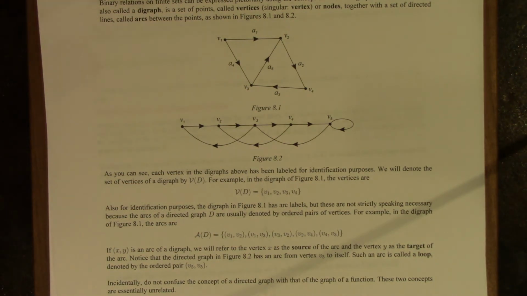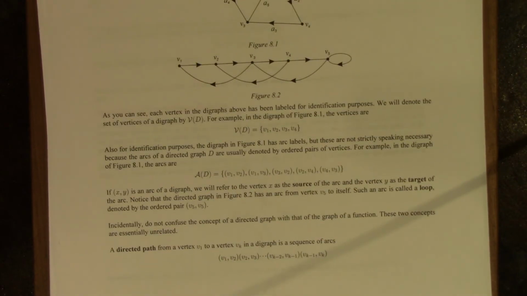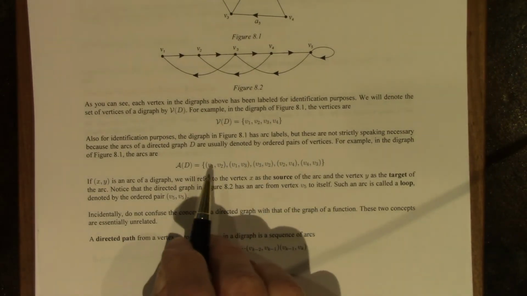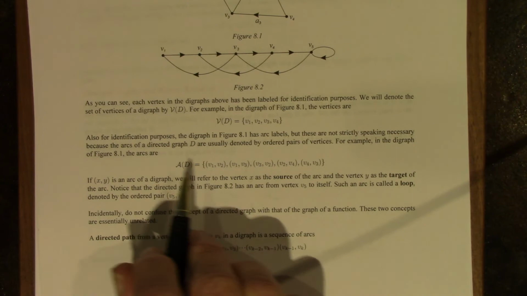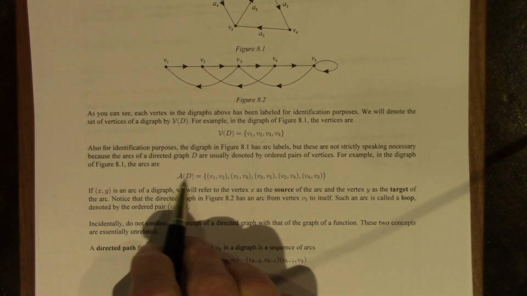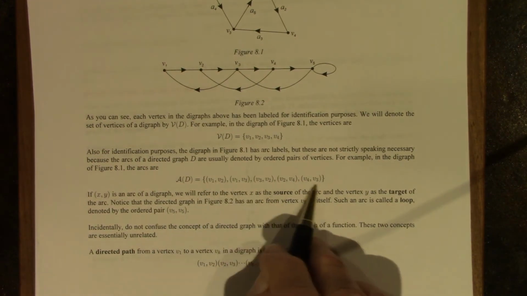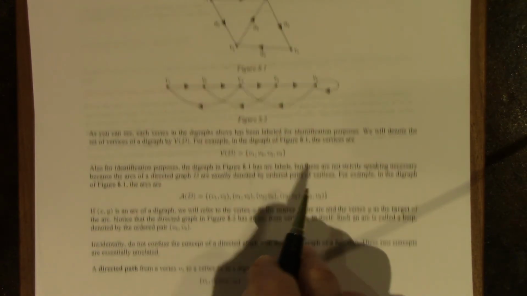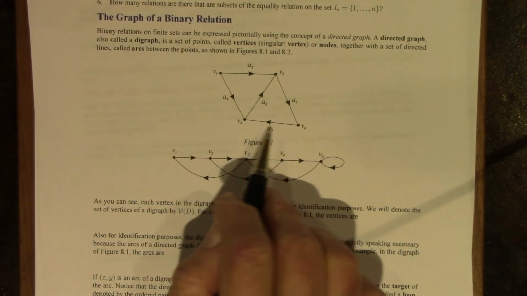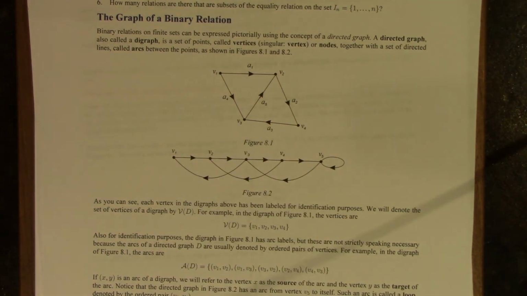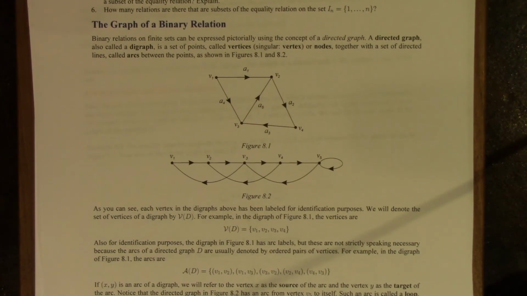Now that's assuming there's only at most one arc between vertices, which is the case for our examples. So the arc set for this graph here is this set of ordered pairs. That way I don't have to label the arcs. There's nothing wrong with labeling the arcs, and sometimes it's better, but it's not, strictly speaking, required.